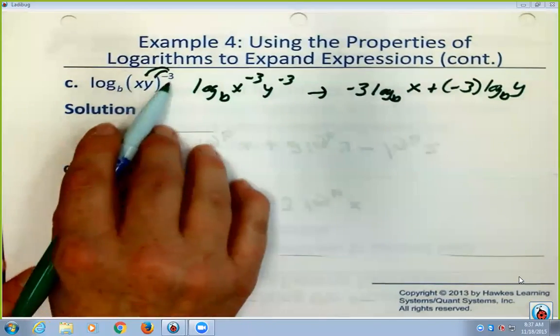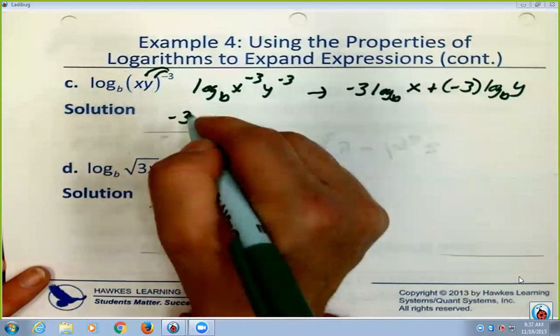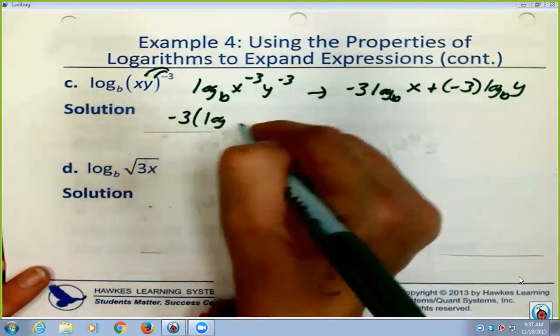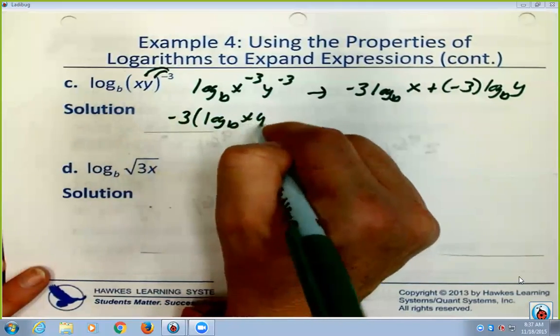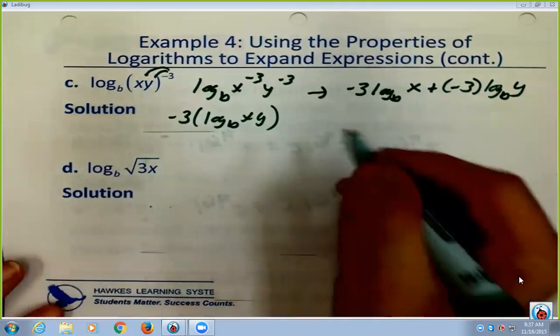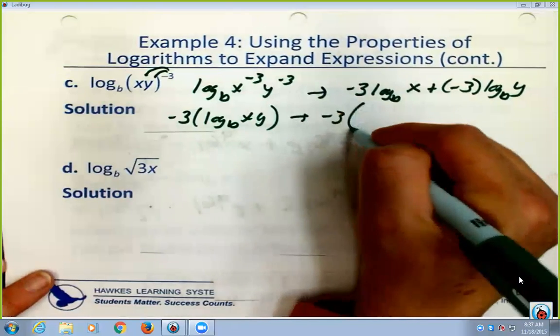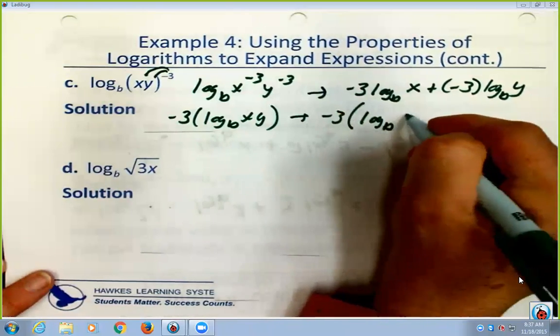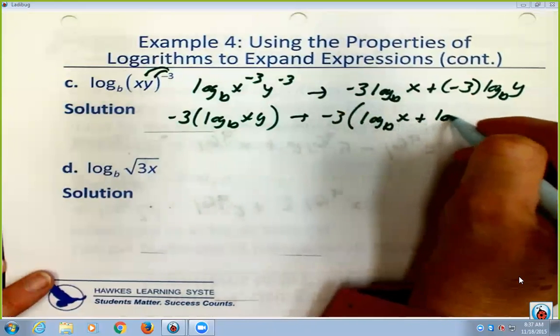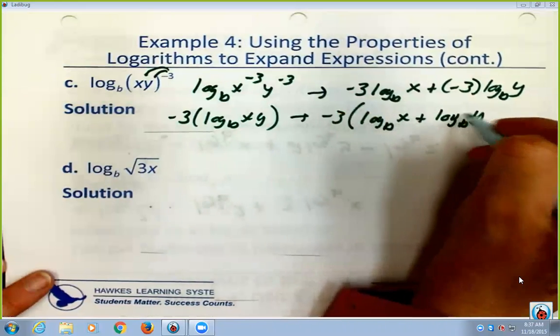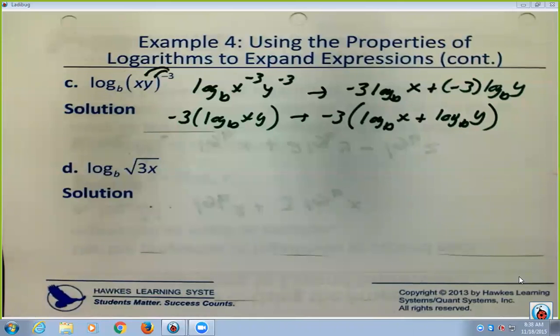Or you could look at this whole thing and put the -3 out in front, log bxy, and when you expand it this time, you could have a -3 log bx plus log by. So either one of those would be a correct way of looking at that.